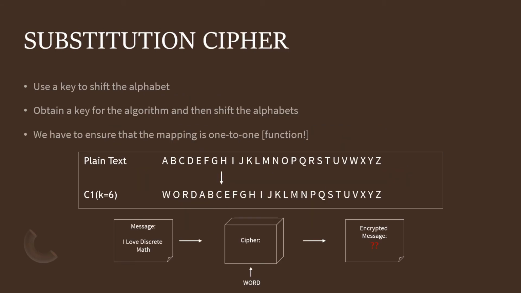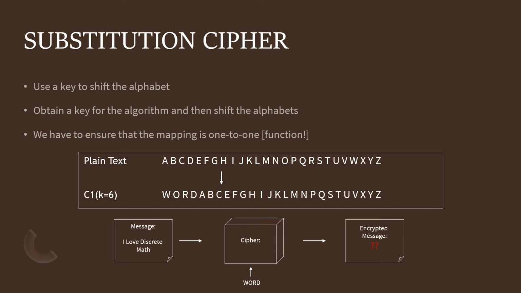One type of encryption or cipher is the substitution cipher. In this type of cipher, we use a key for the algorithm and then shift the alphabet. For instance, if the key is the string WORD, we will shift all the letters by 4 and remove the letters W, O, R, and D from the encryption.